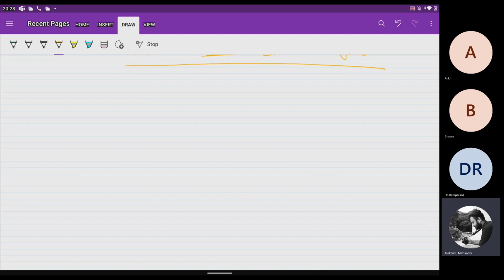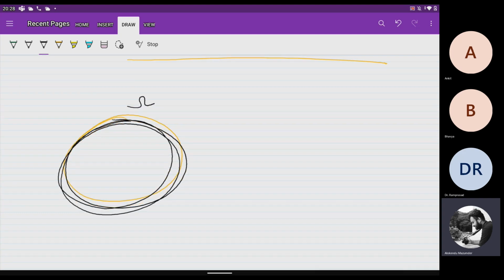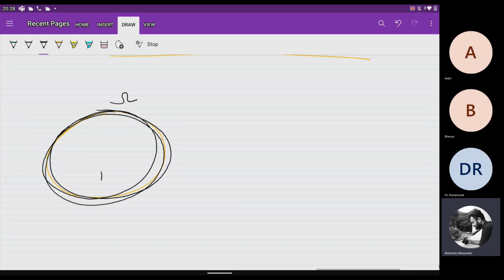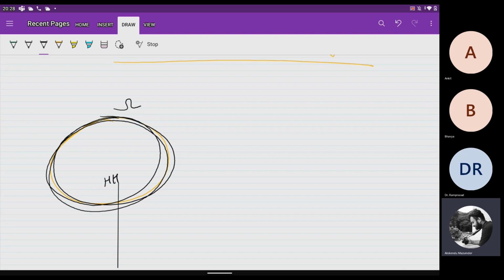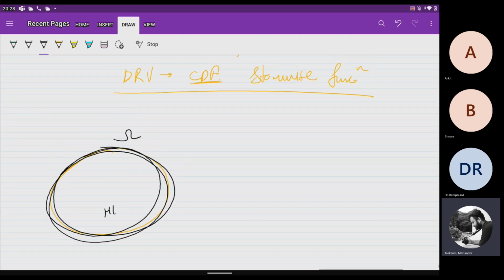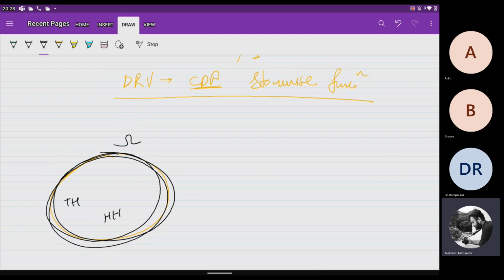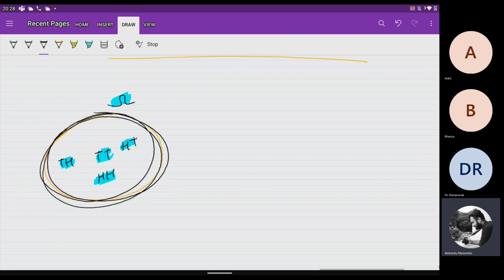Okay, let's define the notation. Let's say this is a discrete sample space and these are the sample points. Now in this sample space omega, these sample points are denoted using omega i's.